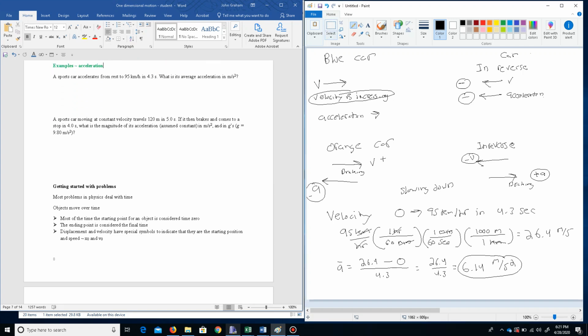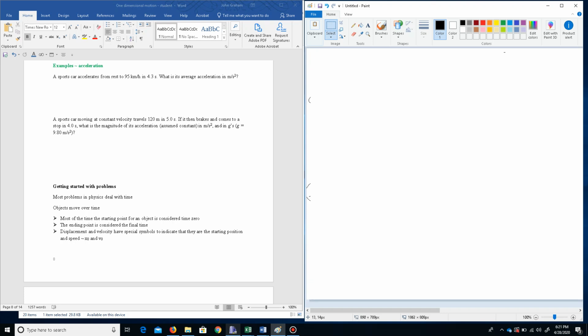Okay, so next one, we have a sports car moving at constant velocity, traveling 120 meters in 5 seconds. So the first leg of the trip is 120 meters, 5 seconds. And then it brakes and comes to a stop in 4 seconds. So at this point, you're braking, and in 4 seconds, it comes to a stop.